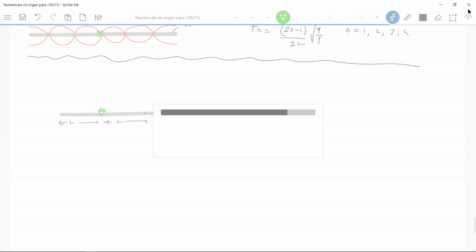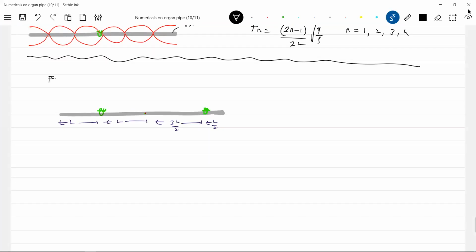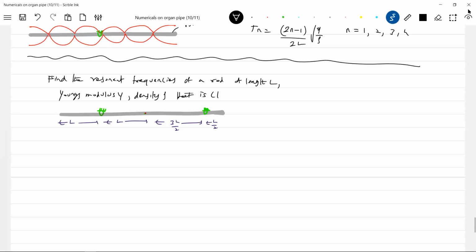So next we'll take it. Find the resonant frequencies of a rod of length L, Young's modulus Y, density rho, that is clamped as shown.